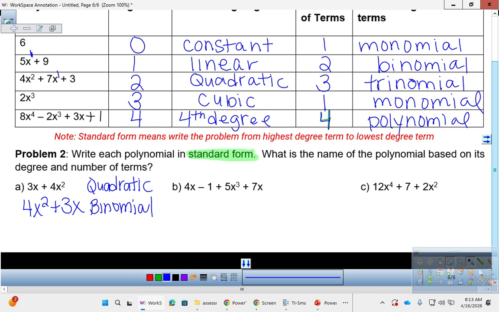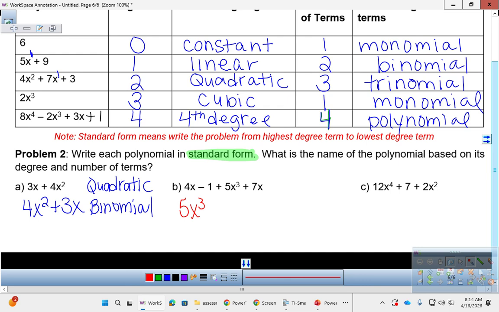I want to write this in standard form. So I'm going to start with the highest exponent first. The highest exponent on letter B is 3, right? The 5x to the 3rd. So I'm going to write that first. The second highest exponent would be 2, but this problem doesn't have that, so I'm not going to write the 2. The next highest exponent would be 1, which is your linear terms, your x's.